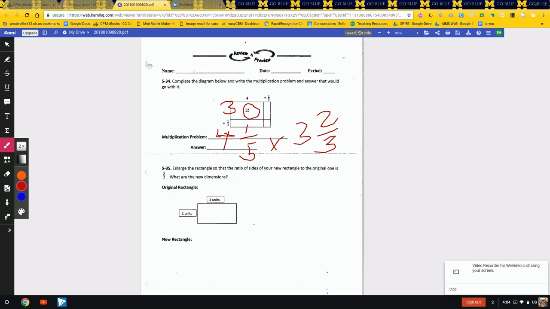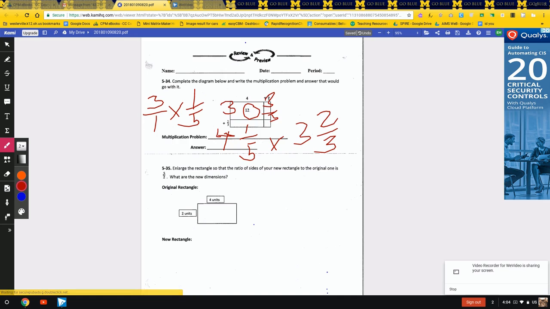So again, filling out the generic rectangle, there's definitely more than one way to do it, but just to keep practicing, 3 times a fifth, the answer will go right here. What I do is remember to write my 3 as a fraction, 3 over 1, multiply it by 1/5, and you get your 3/5.